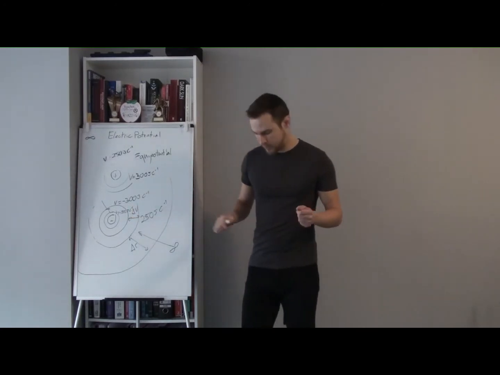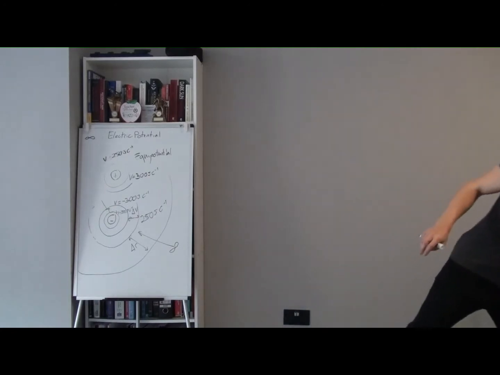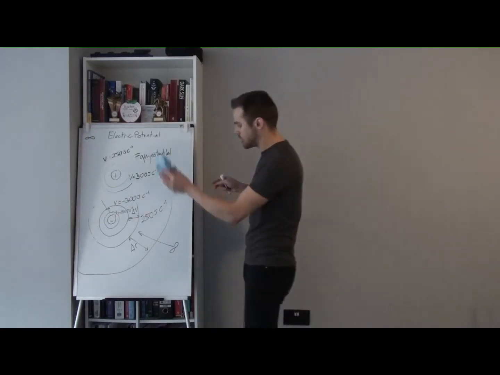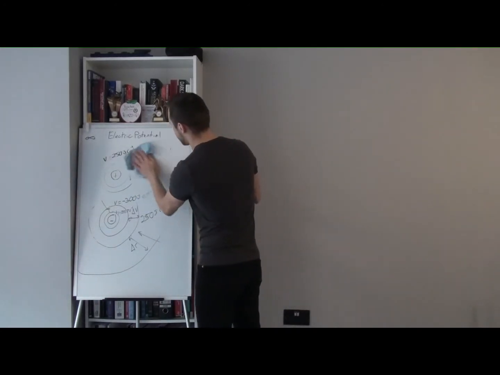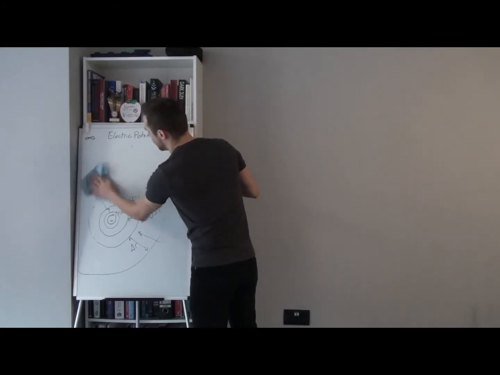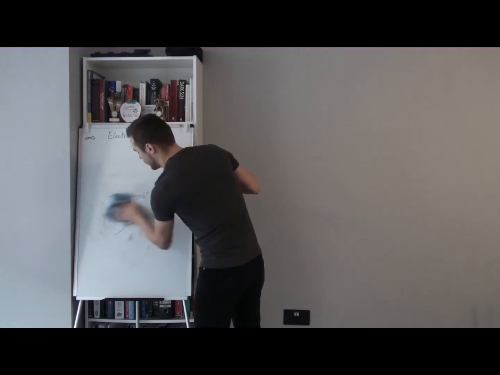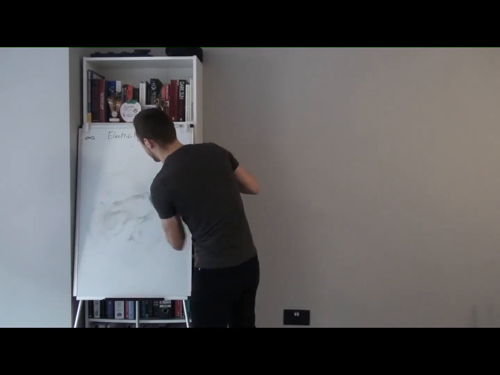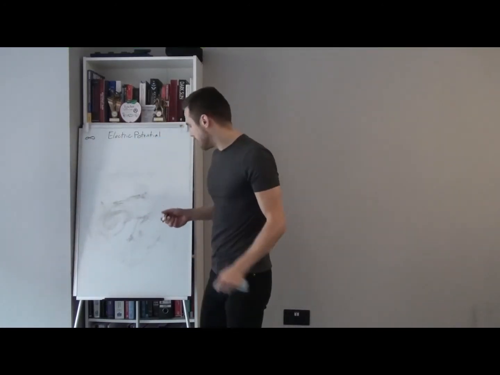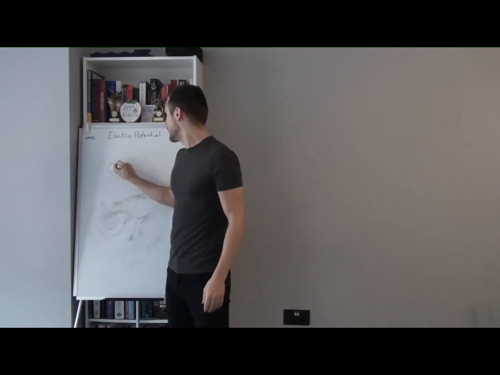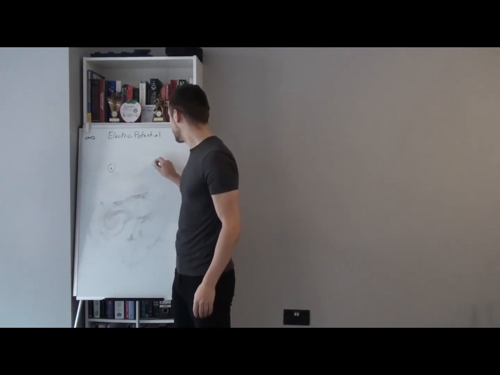Okay, now next what we're going to look at is what happens when we have two charges near one another. Now we'll start with two positive charges. Now their equipotential fields interact with each other. What we have this time is a positive charge here and a positive charge here.